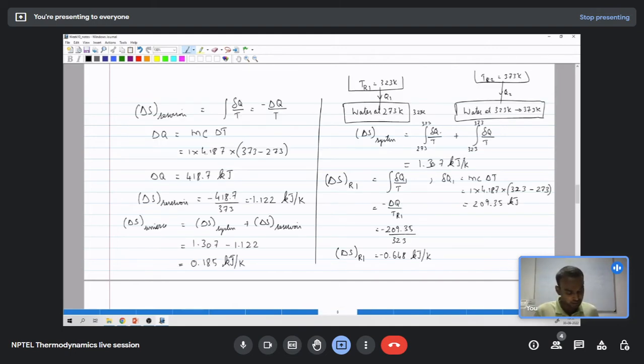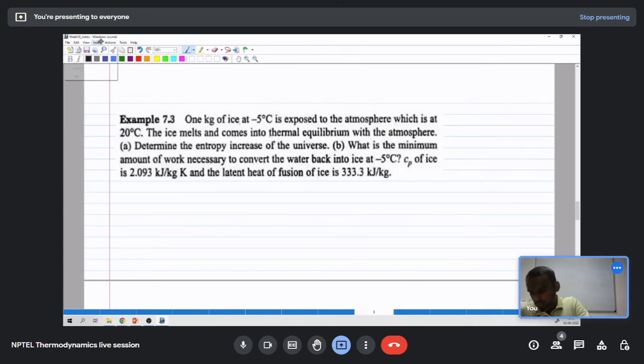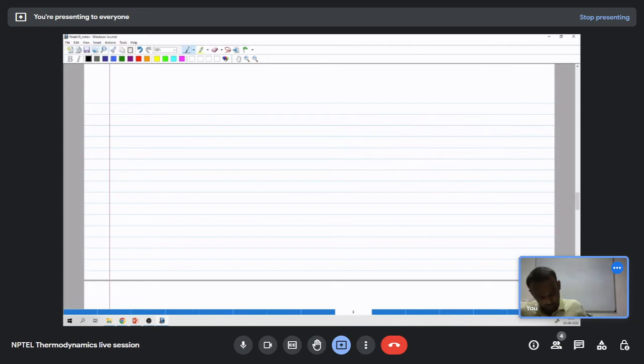Similarly, we can calculate the change in entropy for the reservoir 2. So delta S for reservoir 2 is again integral del Q2 by T2. Since it is happening at a constant temperature, I can directly integrate this as del Q2 by T2.